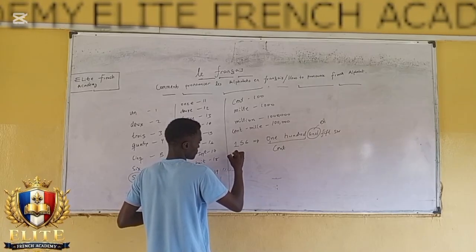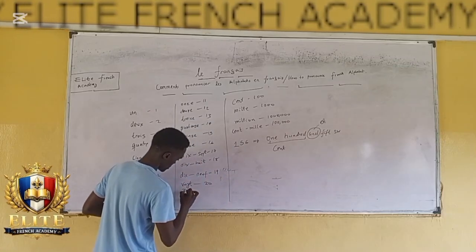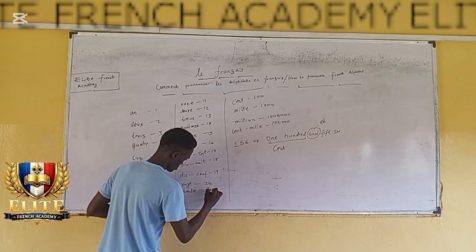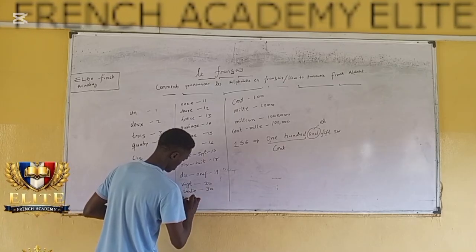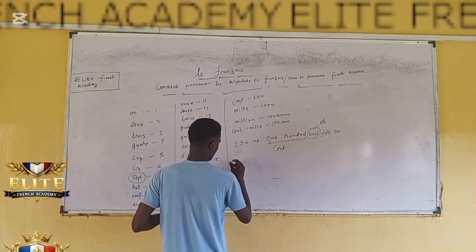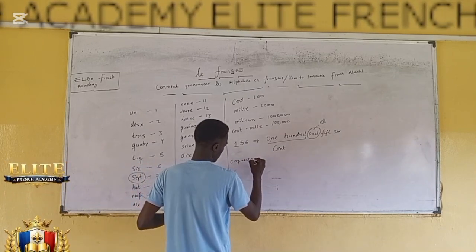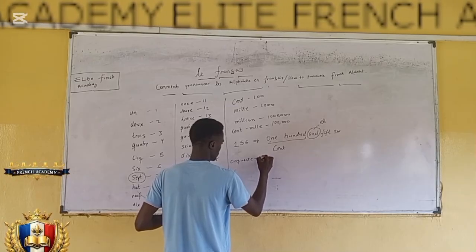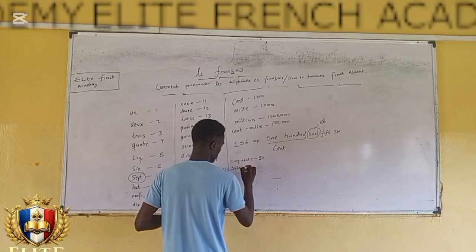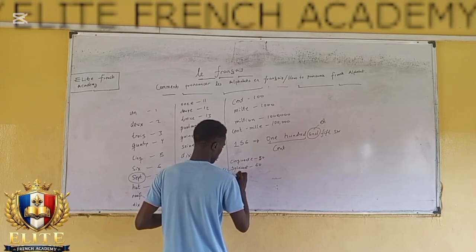Before going further, let me start from 20. Since I've done 20, let me use 30. 30 is 30. Okay, 40. 40. Okay, 50. Which is 50. 60. 60. 70.